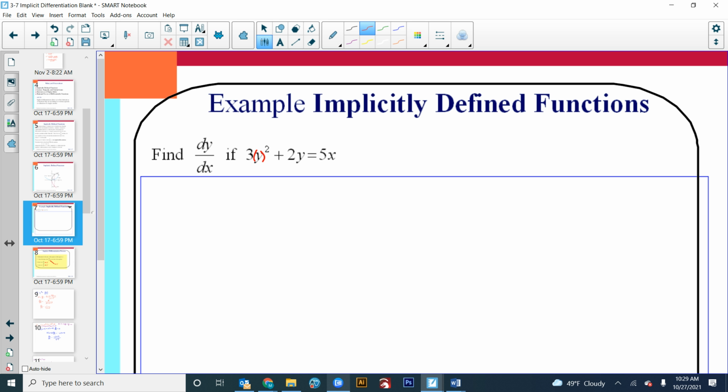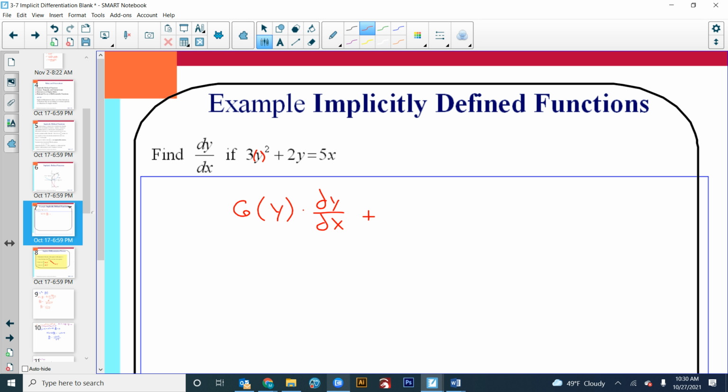And so as we take this derivative, we have to think, what's the appropriate rule? And it is the power rule. It's really a power chain rule. 2 times 3 is 6. Leave the inside alone to the first power times the derivative of the inside. What's the derivative of the inside? dy dx. Very good.